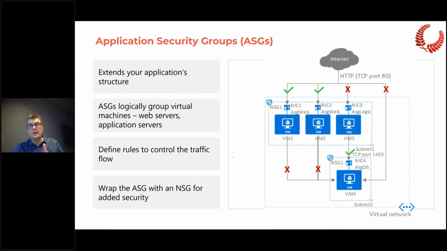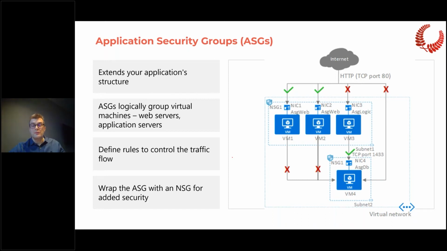After that, we define the application security group in a rule just once, and with that one rule we are able to control inbound and outbound traffic for the specific application security group.